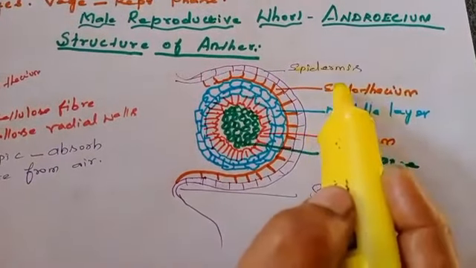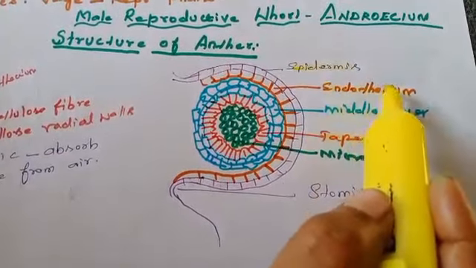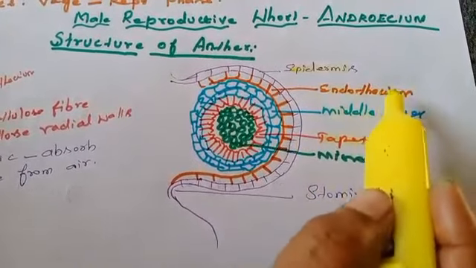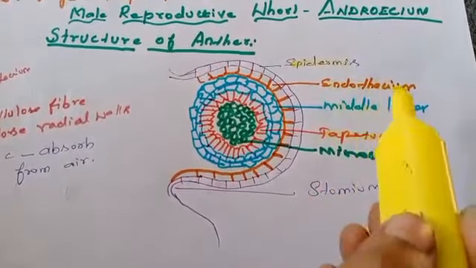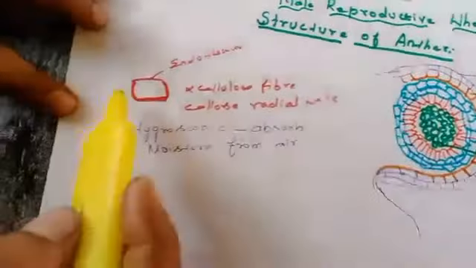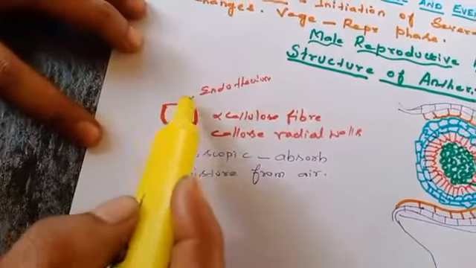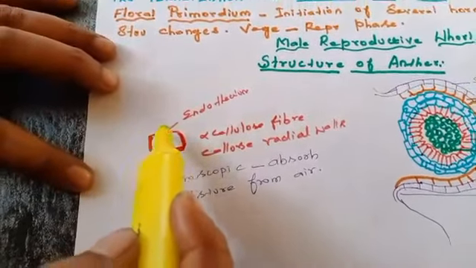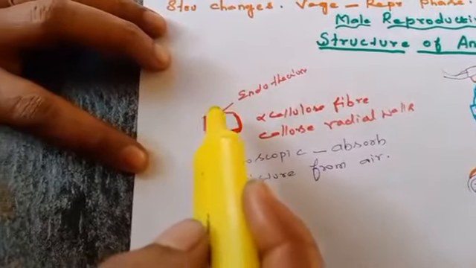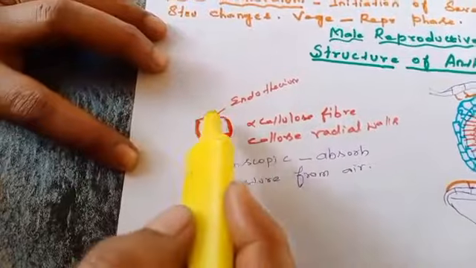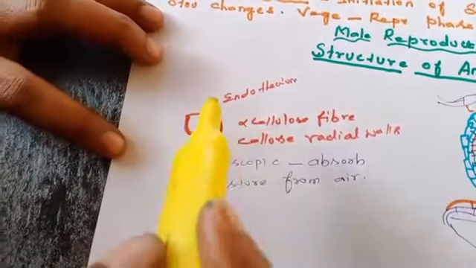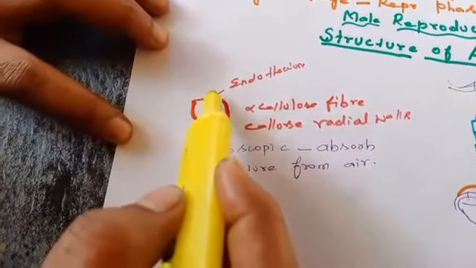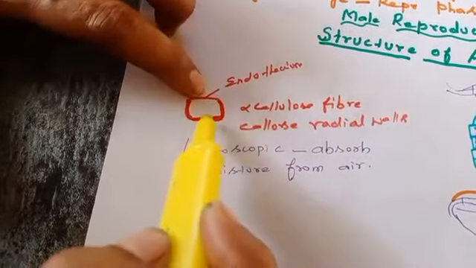But during maturation, various changes take place in the walls of the endothelium. I'll explain here. You see, I have drawn only one cell of endothelium. See, this is the outer wall, this is the inner wall.